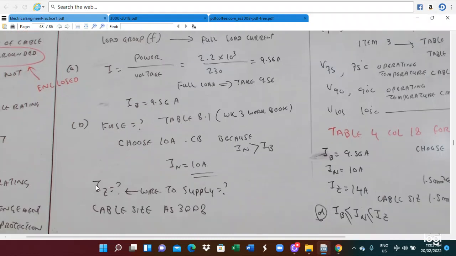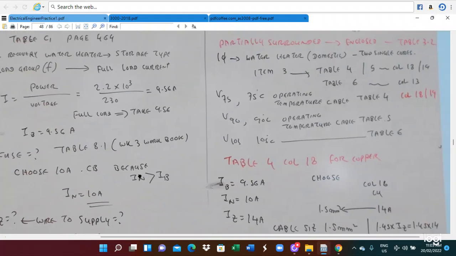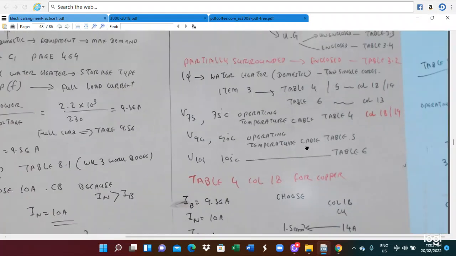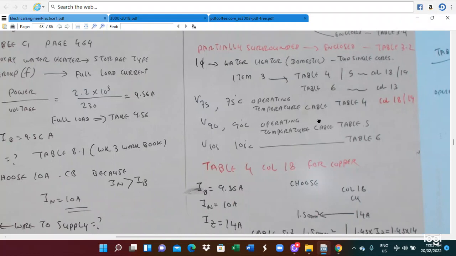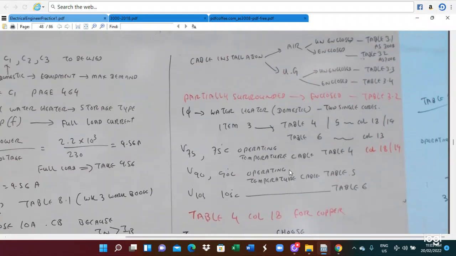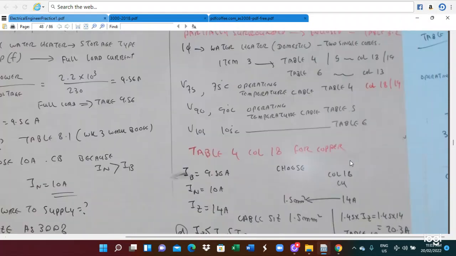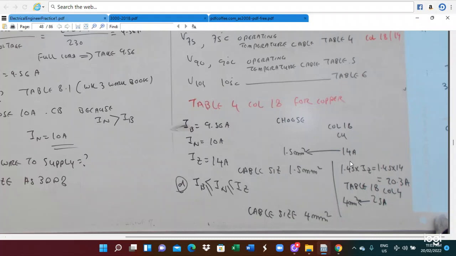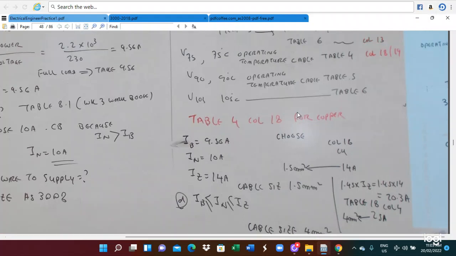And also we have to find out the IZ. From AS3008, so later I will talk about AS3008, from AS3008 table 4 column 18, the 1.5 millimeter square cable size is rated 40 ampere.